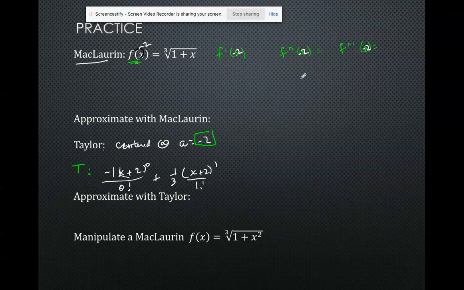Then I plugged -2 into the second derivative, and I got positive 1/9 x plus 2 squared, I got 2/9 over 2 factorial, and then plus 10 over 27 x plus 2 cubed over 3 factorial.